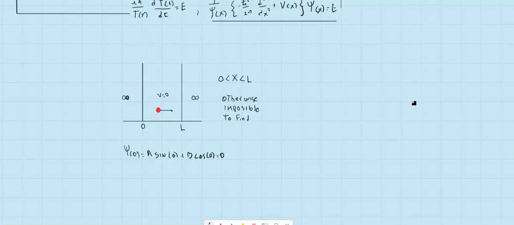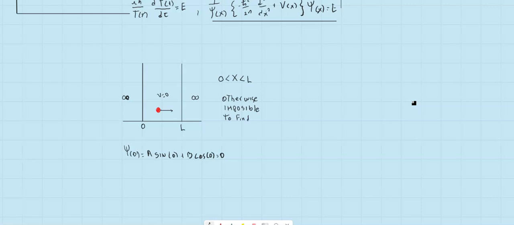And I know what functions can solve my time independent Hamiltonian. And I know that I have to take the measurement, the calculation at 0 and at L. And I know that psi of 0 is equal to A sine of 0 plus B cosine of 0.